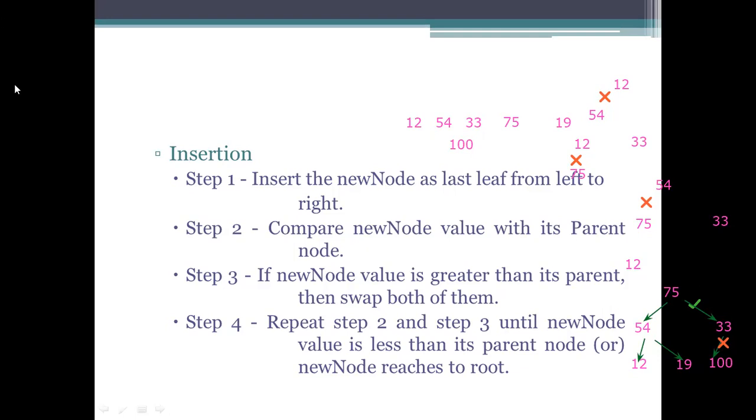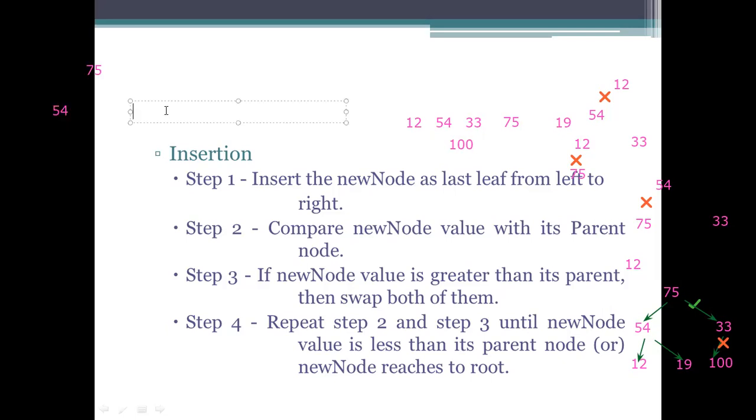Okay. After swapping, 75 is the root node here. The next node here is the 54.